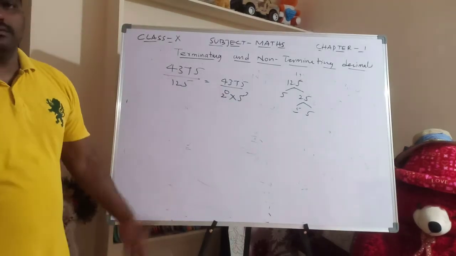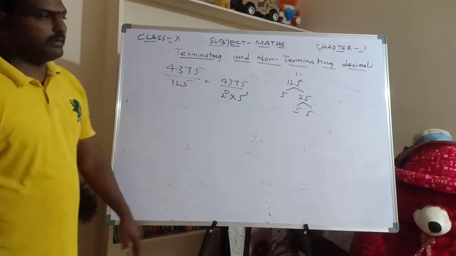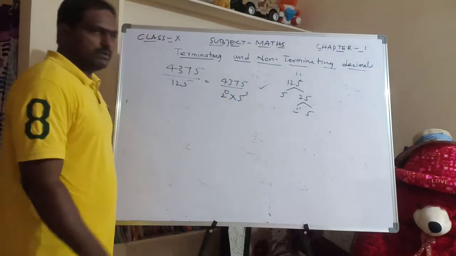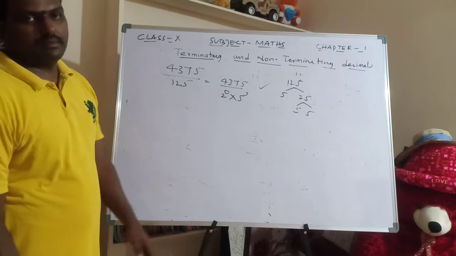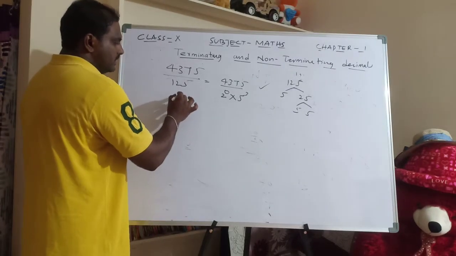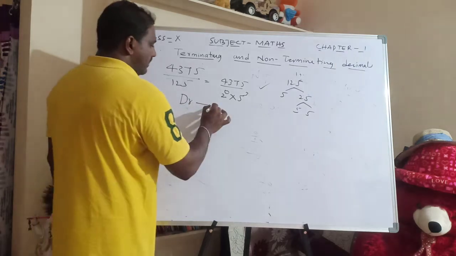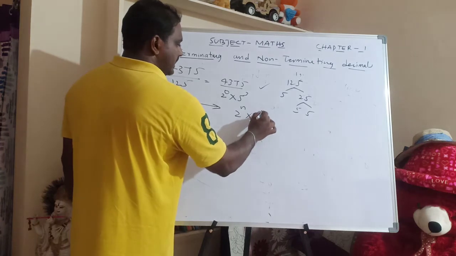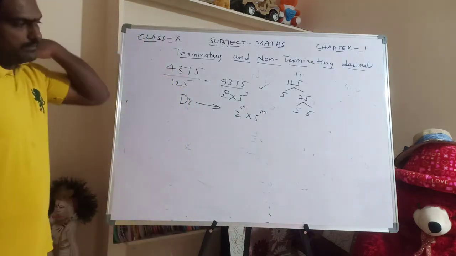What is 2 power 0? 1. 5 power 3. Now, terminating or non-terminating? Yes, no doubt it is terminating. So that is the concept. What is the concept you have to understand? If the denominator is in the form of 2 power n into 5 power m, then it is terminating.